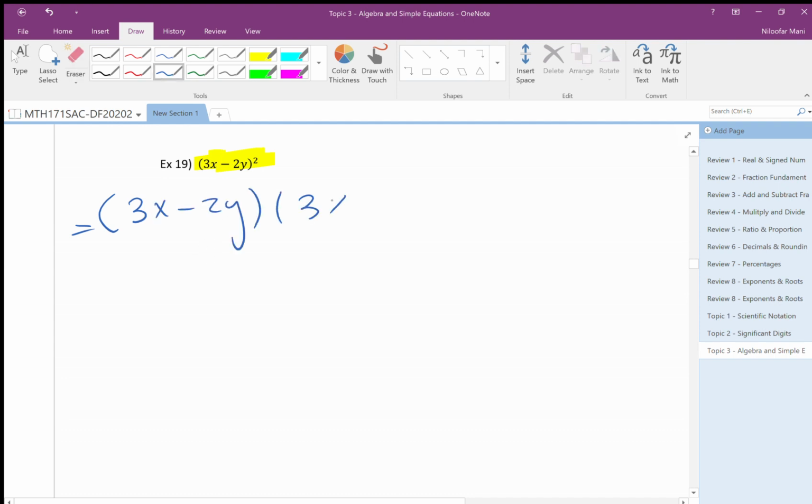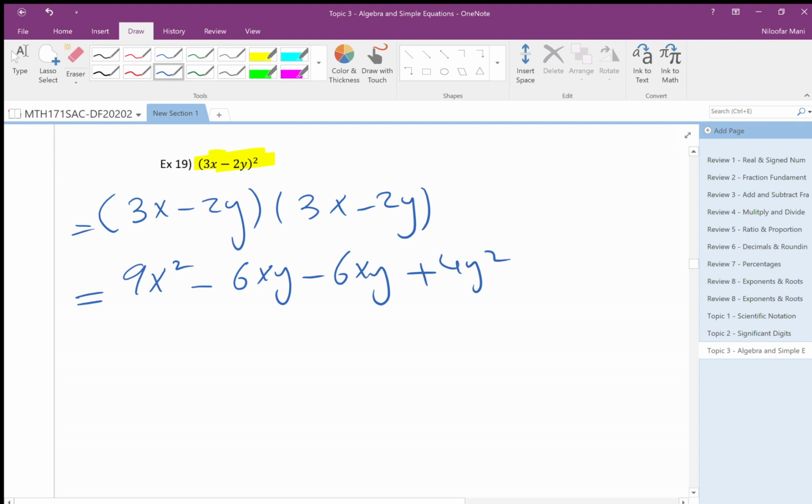So you do that, and then you do the same thing, so it is 9x squared minus 6xy minus 6xy plus 4y squared, which is 9x squared minus 12xy plus 4y squared.